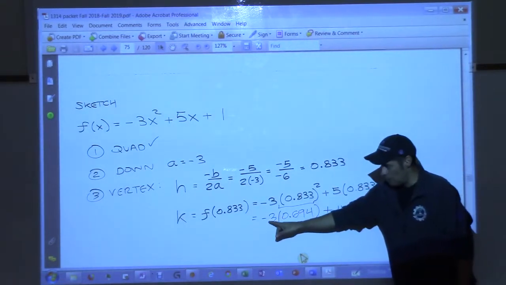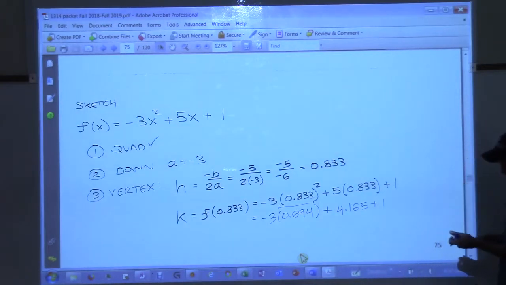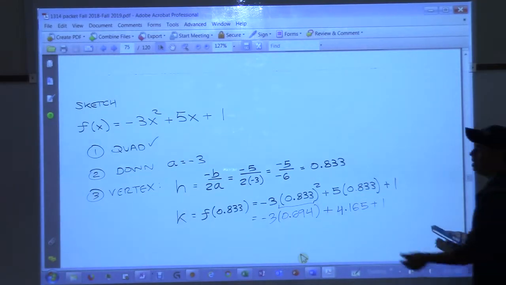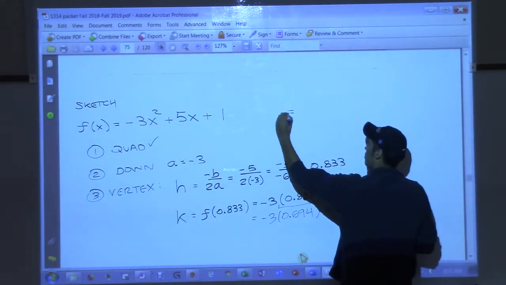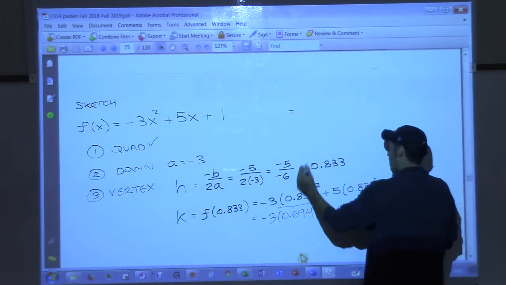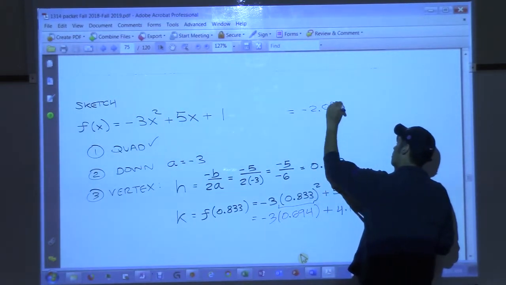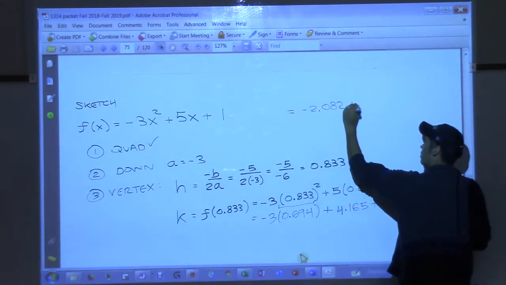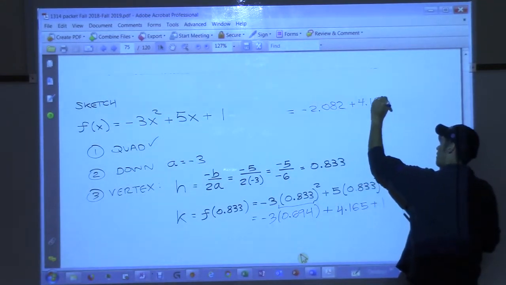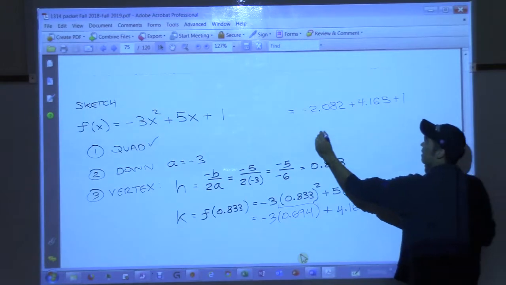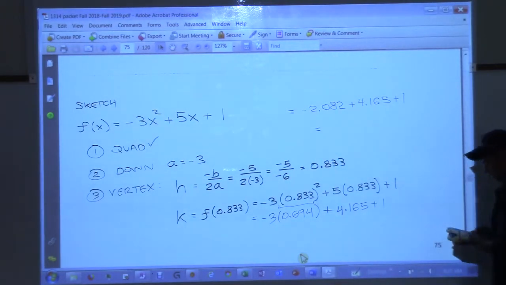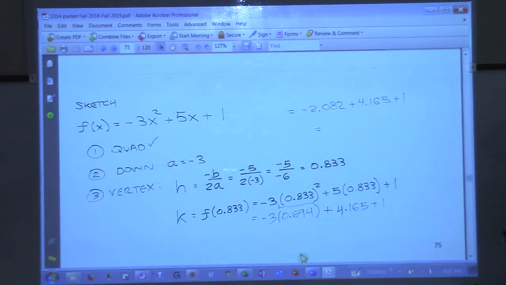Now I'll do negative 3 times that. So I'll continue this up here. I get equals, so this times this, I get negative 2.082. Then I have my plus 4.165, then plus 1, and then I add those all together.